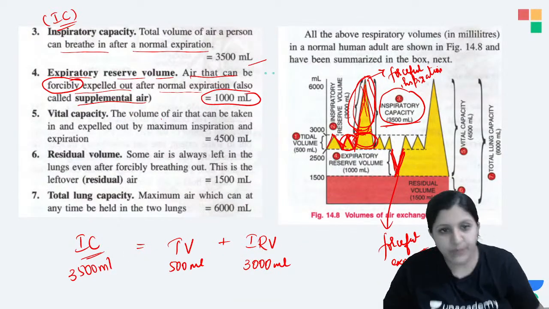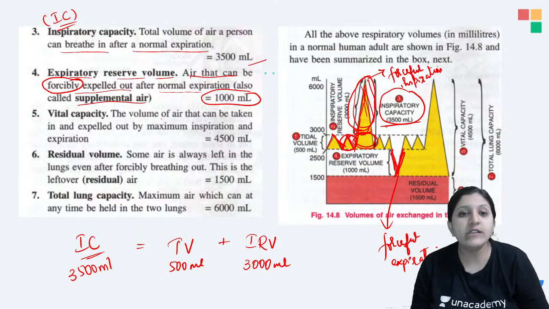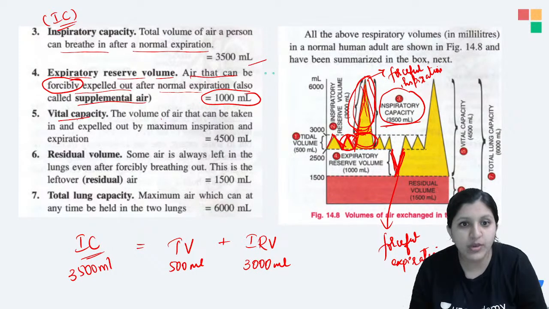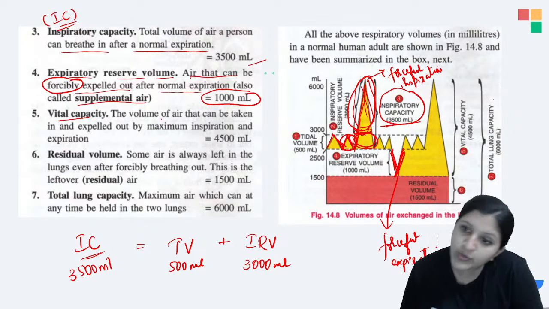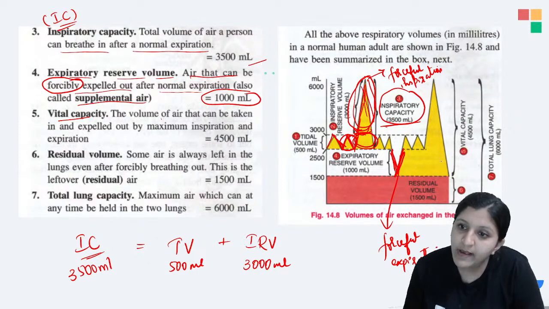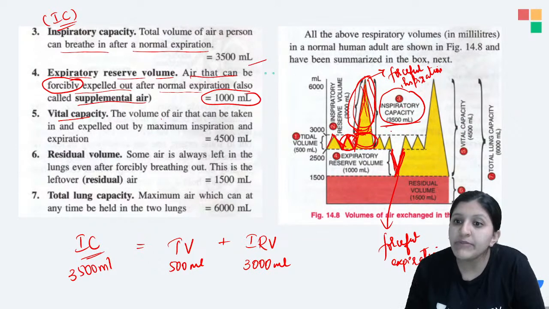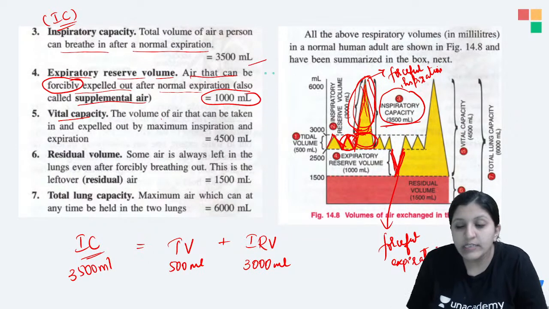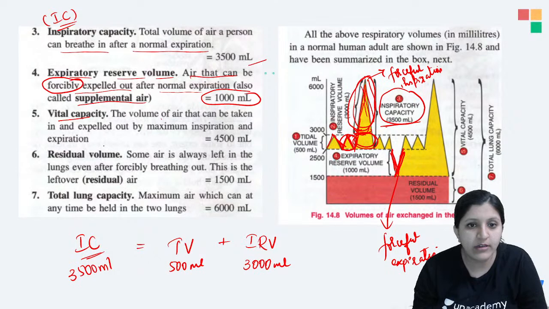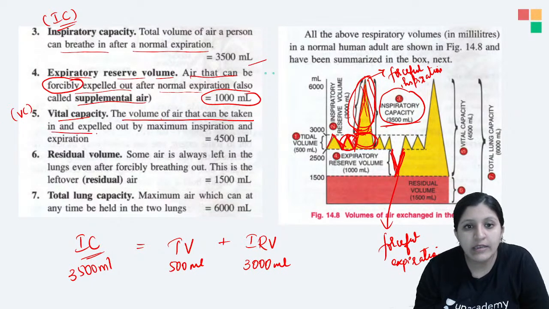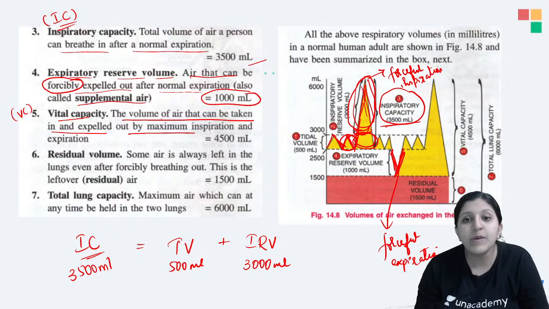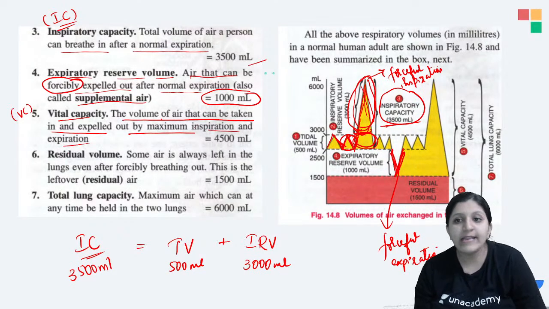Because of that there were changes which we could see. Here, vital capacity, VC, is mentioned. It is the volume of air that can be taken in and expelled out by maximum inspiration and expiration.